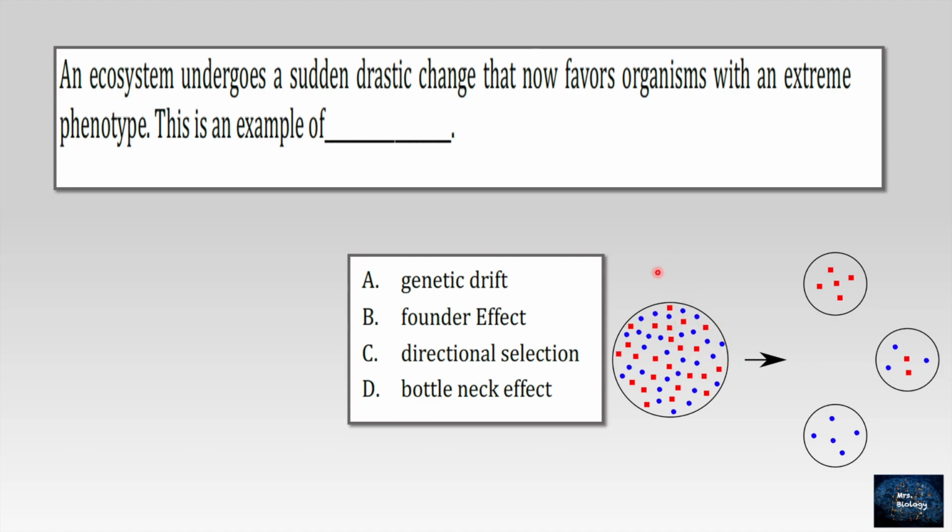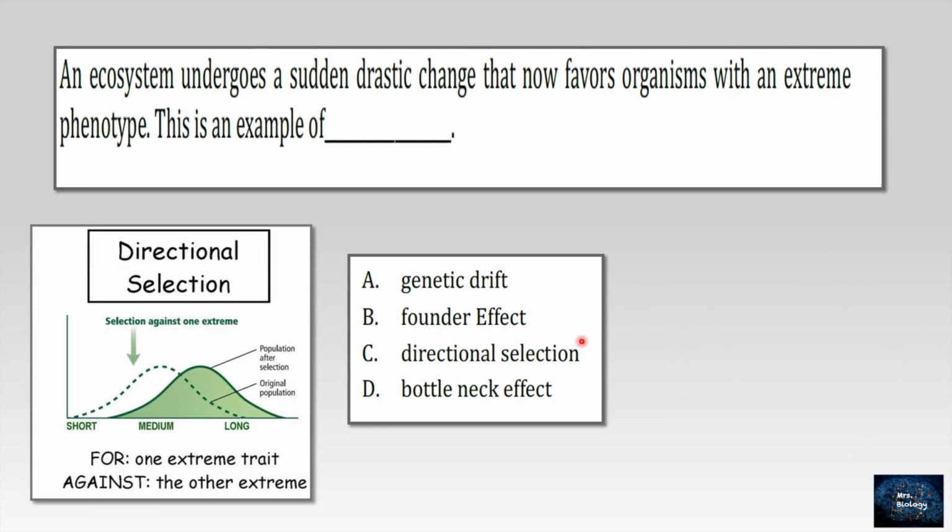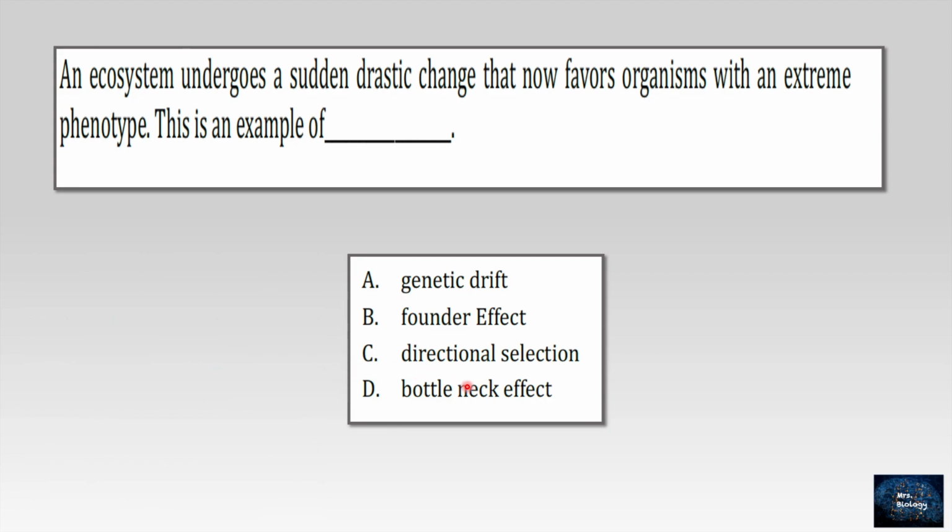So this choice also is wrong. Moving on. Directional selection. What is directional selection? We all know it's a type of natural selection in which the phenotype of the species tends toward one extreme, as we see here. I think this is the right one, but let's go for D also.